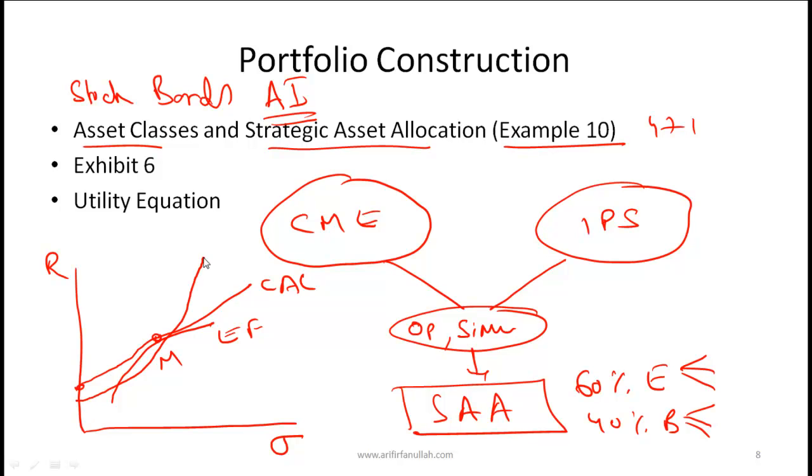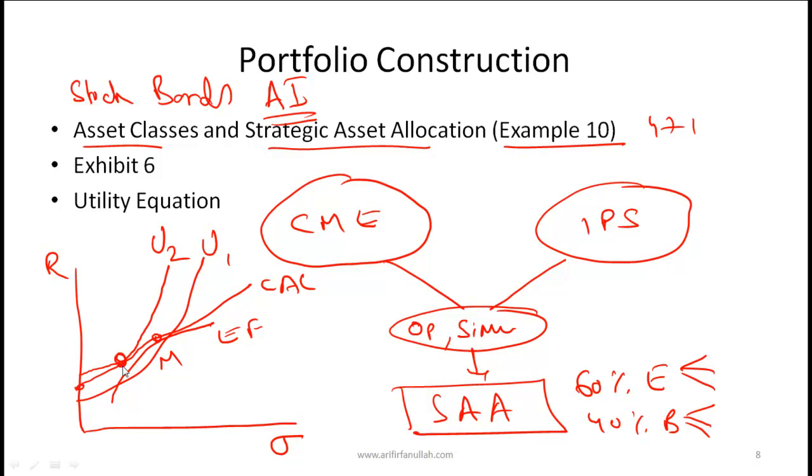So these then are the utility curves of our client, and we want to create a portfolio that maximizes the utility of our client. So if this is utility curve 1, this is utility curve 2, these are also called indifference curves, by the way. We want to be on the utility curve that gives our client the highest level of utility or happiness.